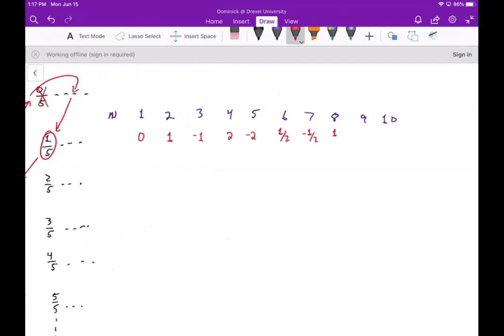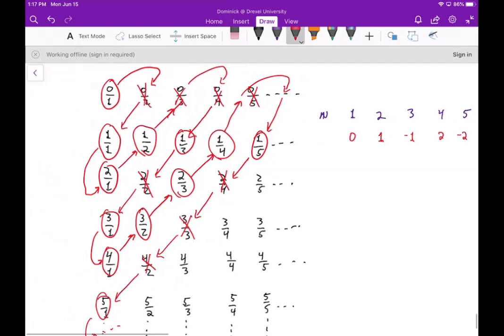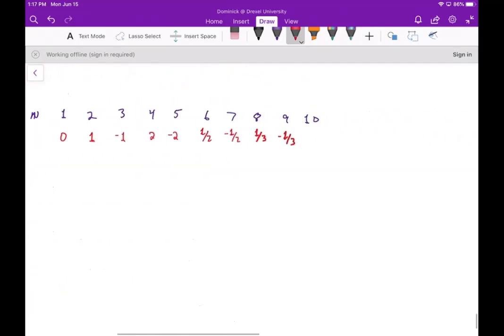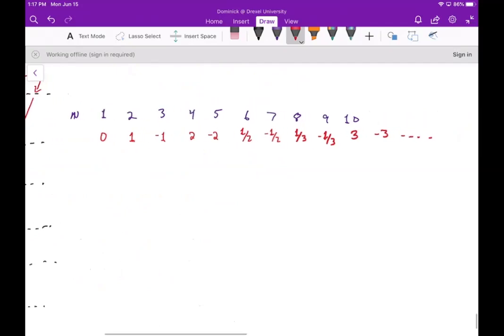So I'd mention 1/3, -1/3. And then it looks like we end up with a 3. So then my next numbers would be a 3 and a -3. And then we would just keep doing that, right? So we're circling around that square there, right? And I'll leave it as an exercise to find the appropriate bijection that would describe this.